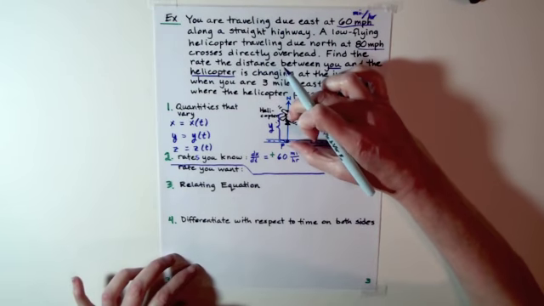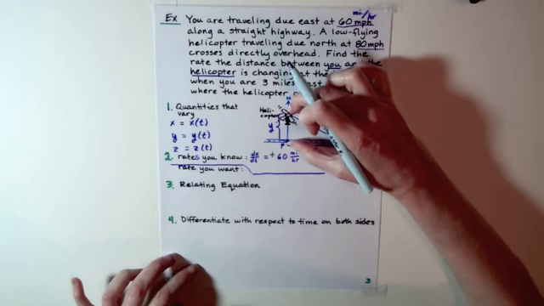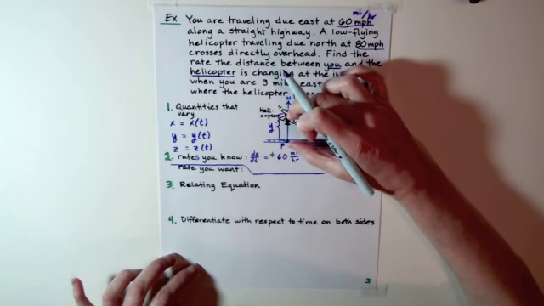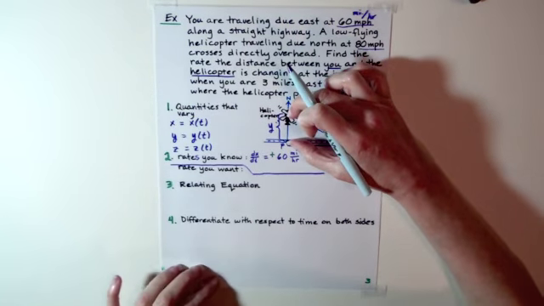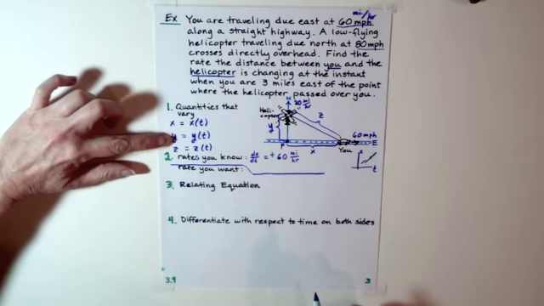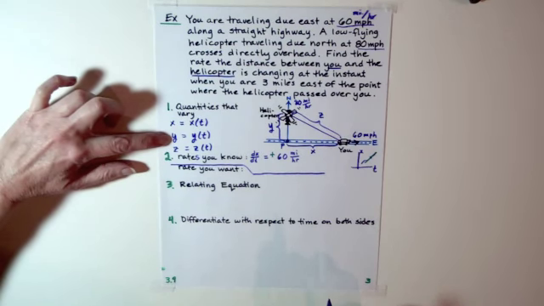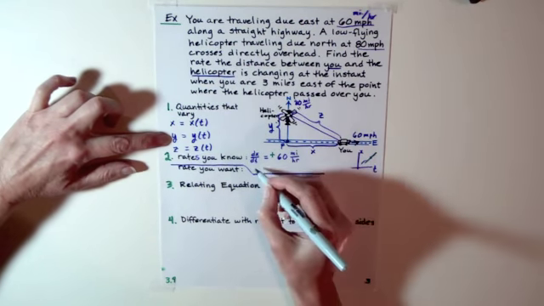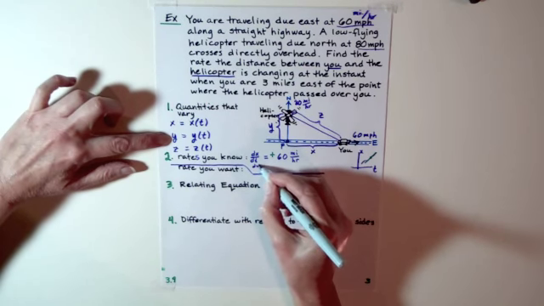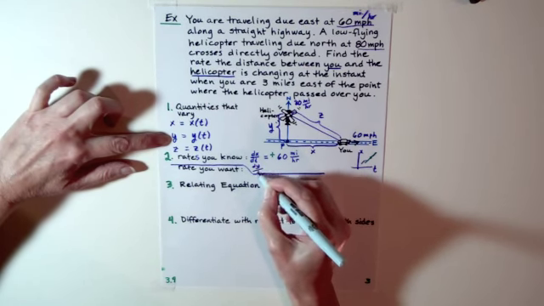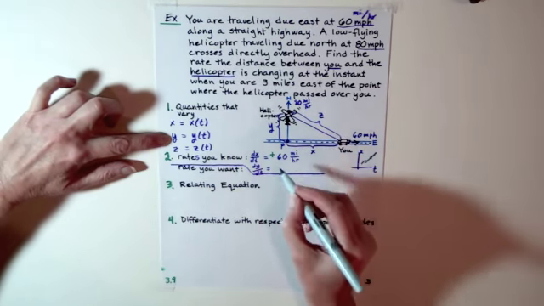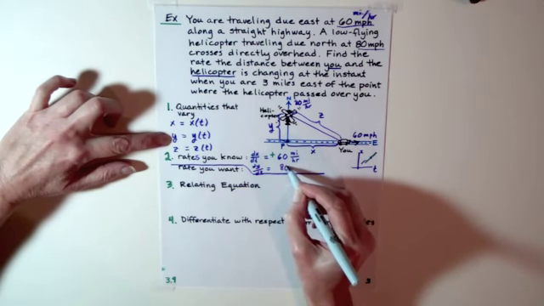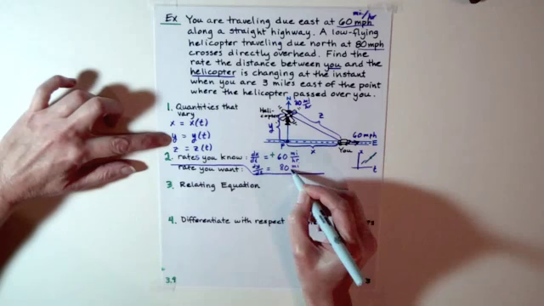Well, that's the rate that the helicopter is moving away from point P. So it's the rate that its distance, which we called y, is changing in time. So it's really the derivative y prime of t. It's the rate that y is changing in time. So you could write y prime of t, or more traditionally we write dy/dt, and that would be equal to 80 miles per hour.